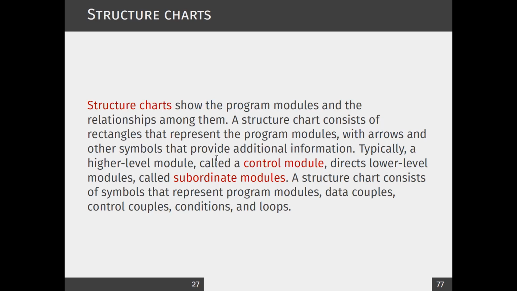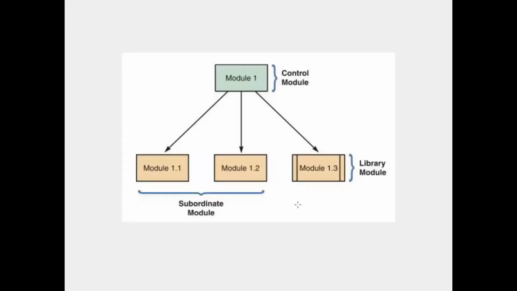Arrows indicate additional information. Therefore, we have to talk about different levels. The higher level module we call the control module, and the lower level module we call the subordinate module. In a structure chart, you can have different presentation programs, data couples, control couples, conditions, and loops.